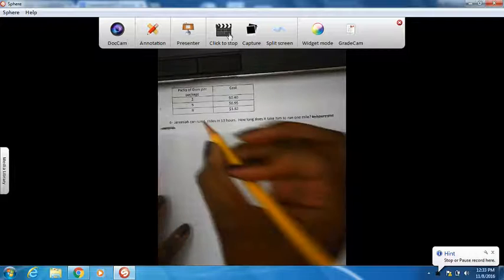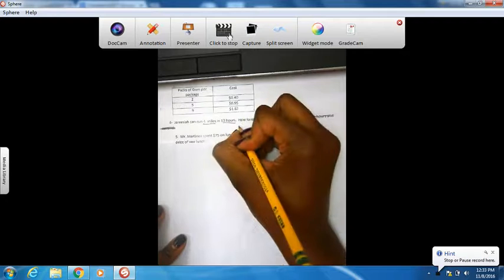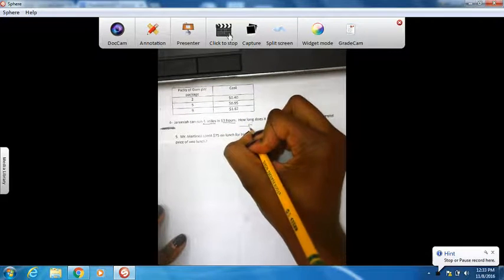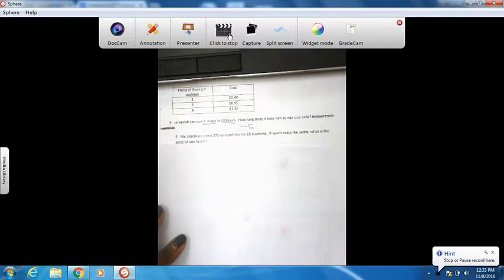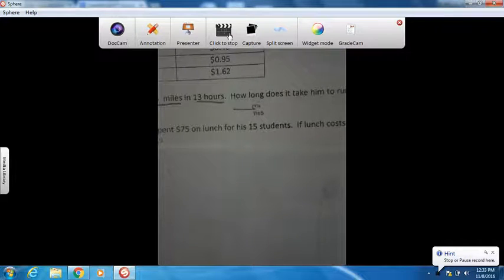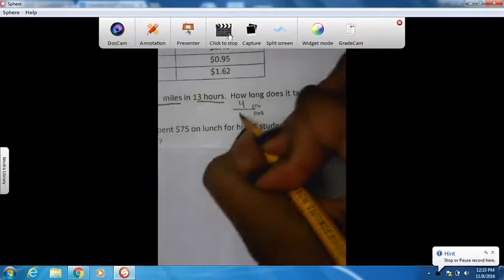There's a relationship between the amount of miles and the amount of time it takes. So we're talking about a ratio of miles to hours. Miles to hours. So we know that he can run 4 miles in 13 hours.